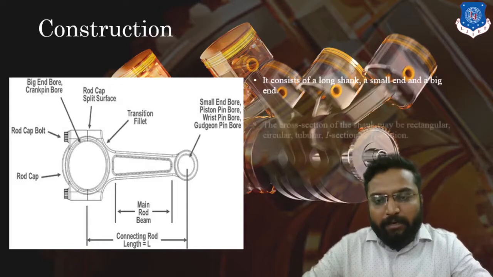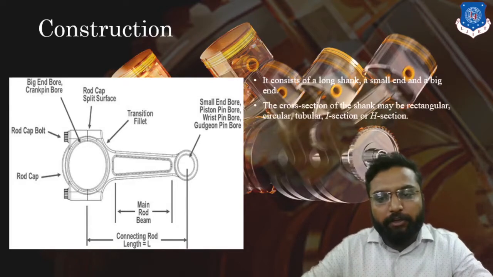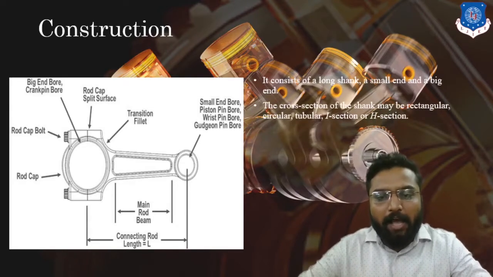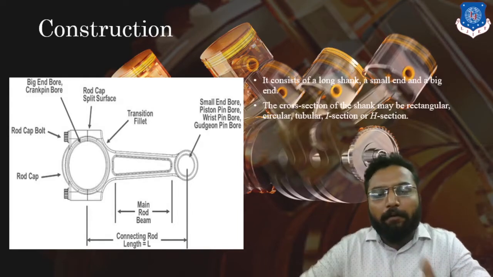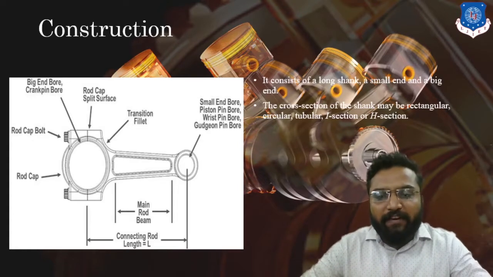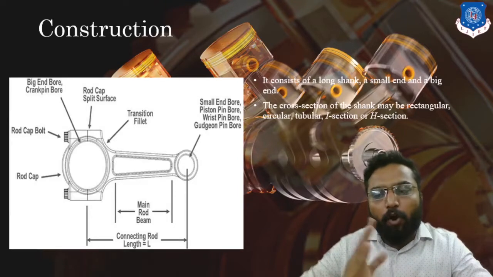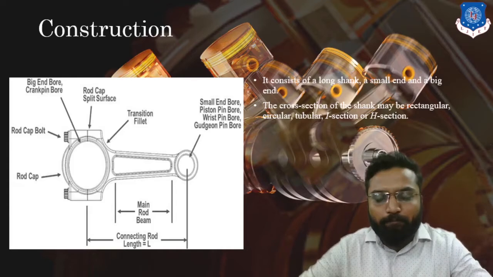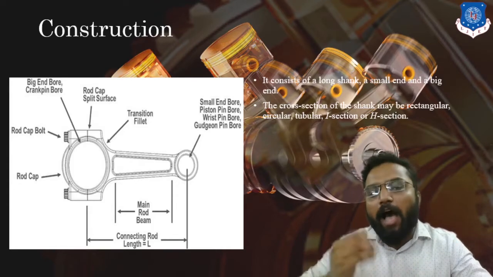This shank has a cross-section area, which could be a circular section, tubular section, I section, or H section, depending on different power aspects of our engine. Clear? If it is an automobile engine, we have to consider it as an I section or an H section. So in our case study, we are going to consider it as an I section.